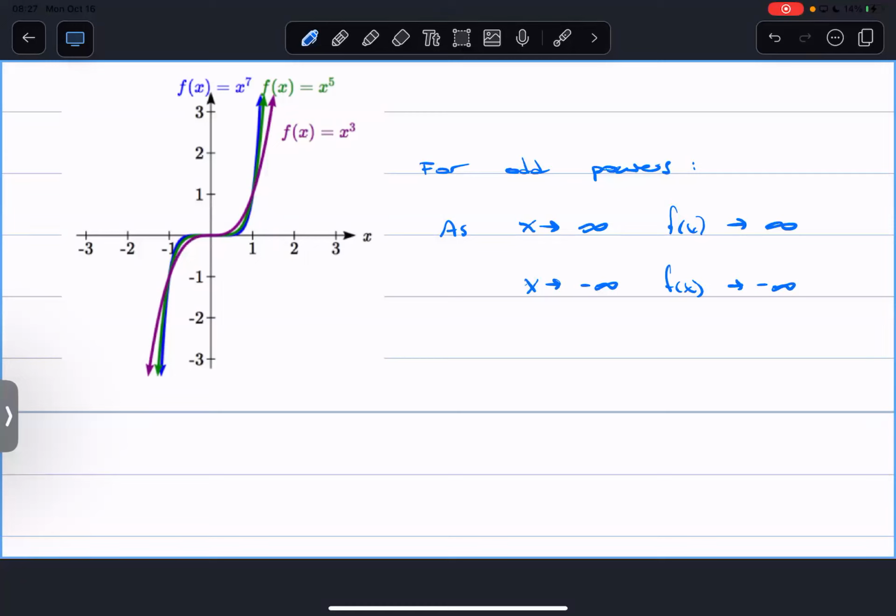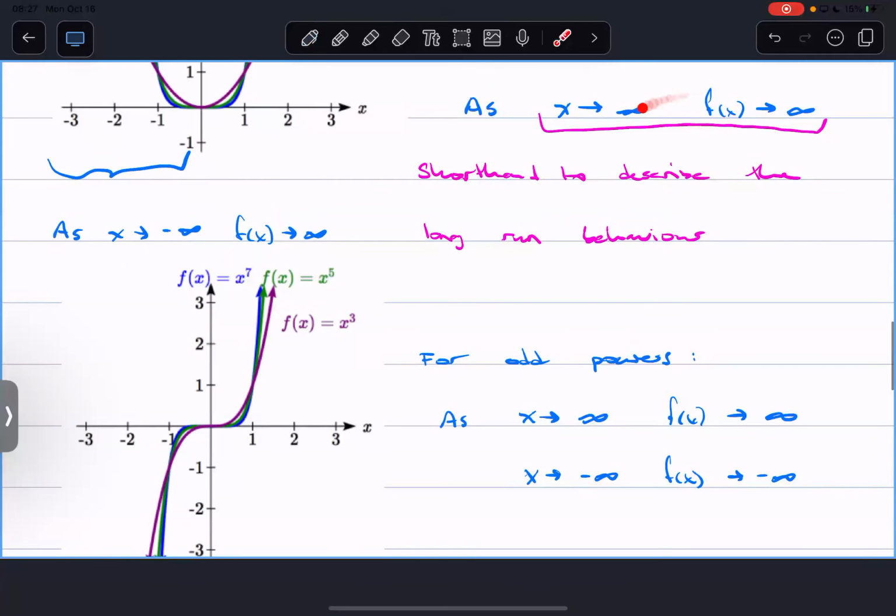So you don't need the graph to, I mean, the graph makes it easier to see, but now knowing that this is always the behavior of an odd power and this is always the behavior of an even power, then you can visualize the long run behavior. Okay.